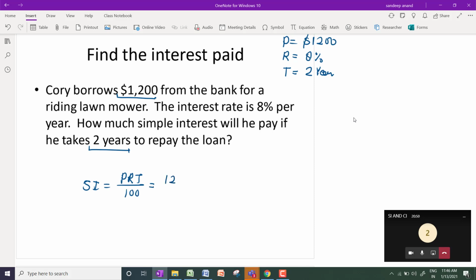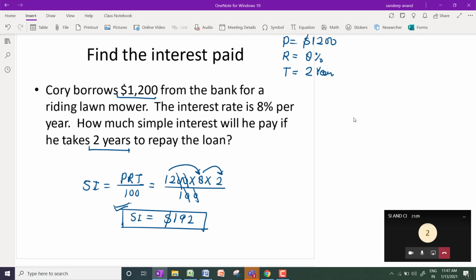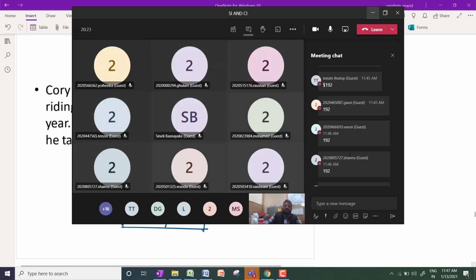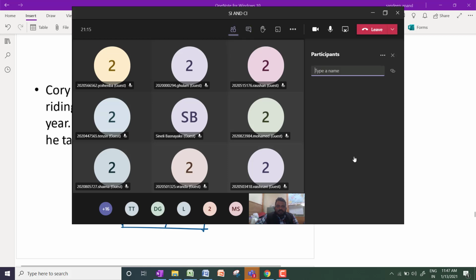P value is 1200, 8% and 2 years. Divide this value by 100. The 00s gone. 12 times 8 is 96, and 96 times 2 is 192 dollars. So 192 is the simple interest that you need to pay after 2 years. Okay, very good. Well done class.